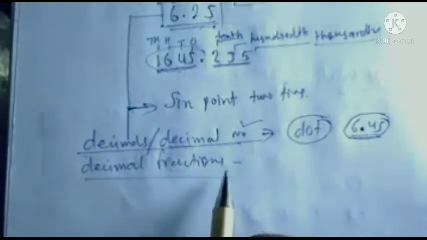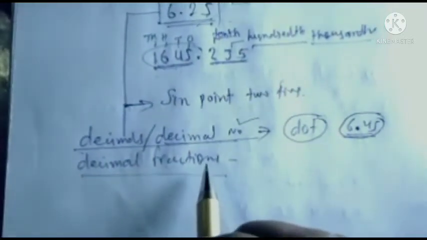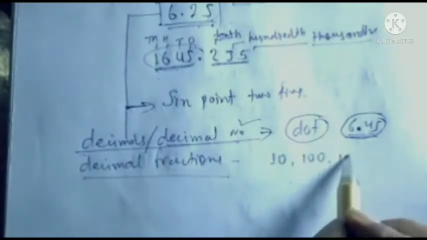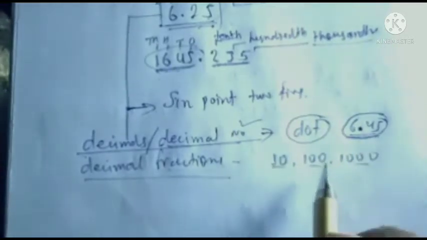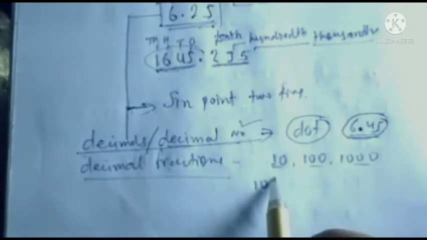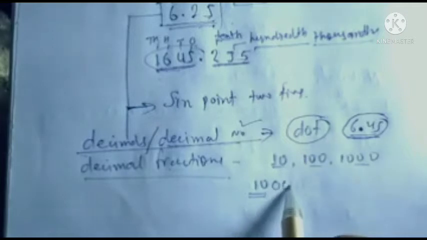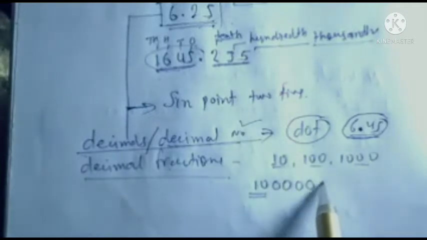And what is a decimal fraction? A decimal fraction means a number which has a numerator and a denominator both. The fraction whose denominator is 10, 100, 1000, that is 10 or a higher power of 10, meaning 10, 100, 1000, 10,000, lakh, 10 lakh.